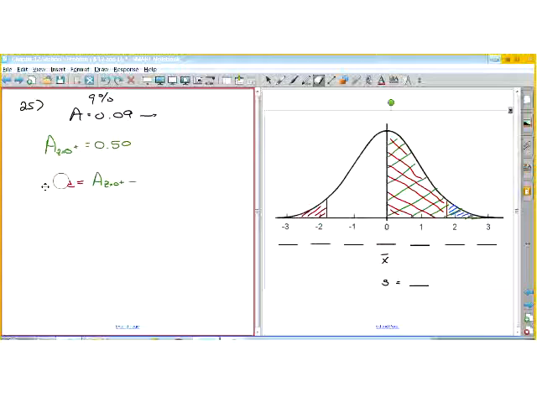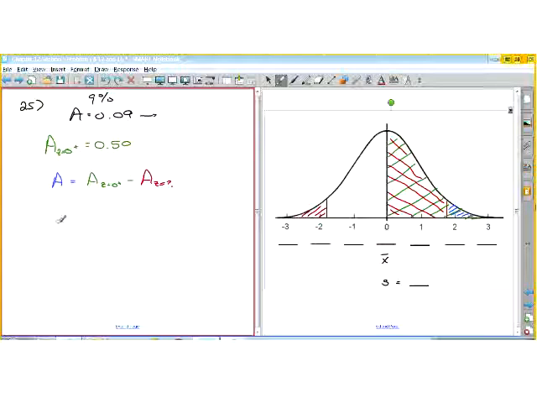No, that's not right. So the blue area is going to be the green area minus the red area, and that's some z-score, which we don't know what it is. Okay, so blue is green minus red.